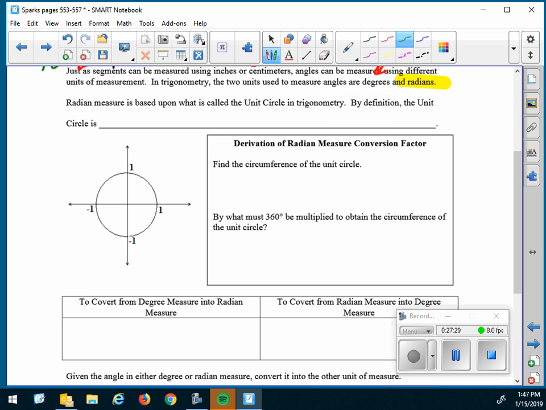Now, radian measure is based upon what is called the unit circle in trig. By definition, a unit circle is any circle with radius 1. 1 inch, 1 mile, 1 yard, 1 foot, 1.